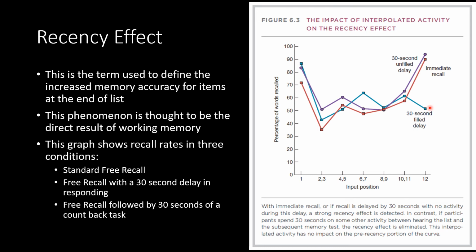And you see that this differentially impacts our ability to recall words at the end of a list, while making no effect whatsoever on words at the beginning of a list, which we will talk about is actually related to long-term memory and not working memory. So here you can see it is possible to isolate memory performance as related to one memory system and not the other.